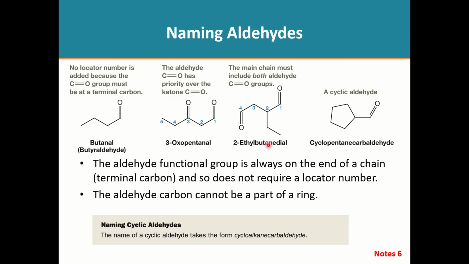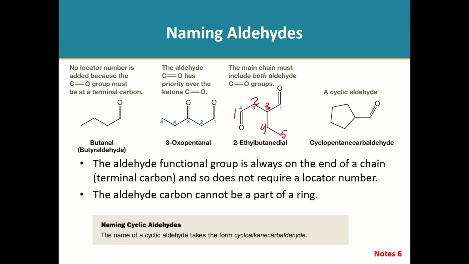If we take a look at this one, we see that we have 2 aldehydes. You see that they're both on the terminus of the carbon chain. Now this one's interesting because I could have found a larger chain. I'll show you. I could have numbered it like this: 1, 2, 3, 4, 5.